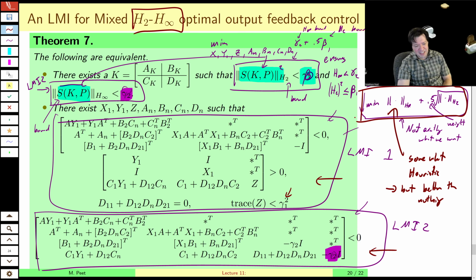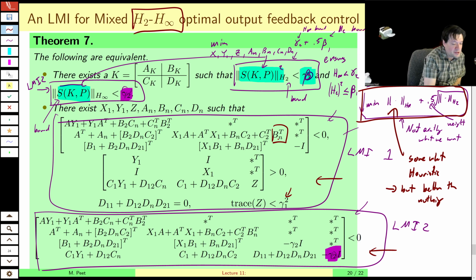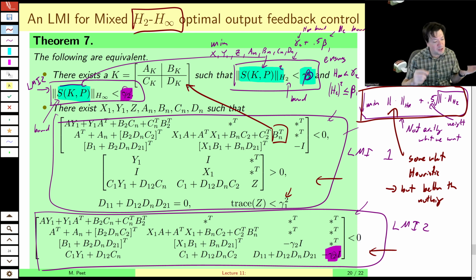The second issue is more important. Remember, these have to be the same variables, and these variables are related to AK, BK, CK, DK through two transformations. The first transformation to AK, BK, CK, and DK is not an issue.